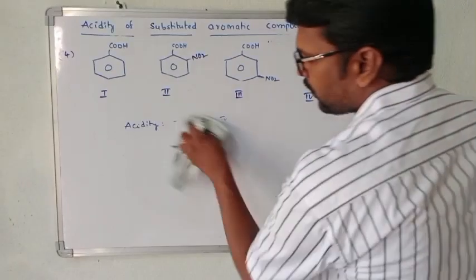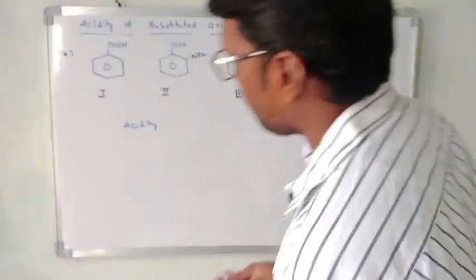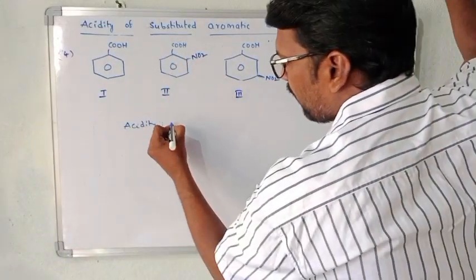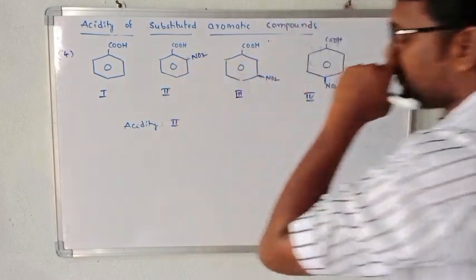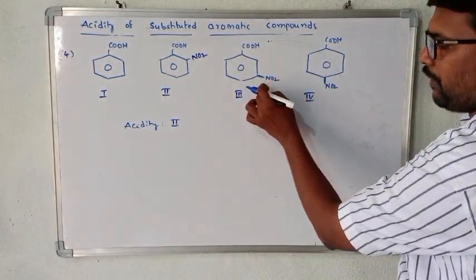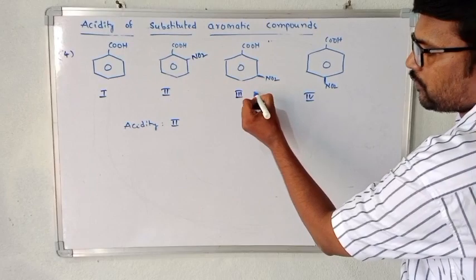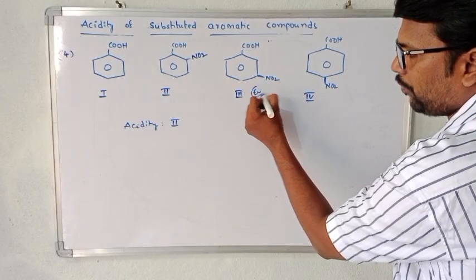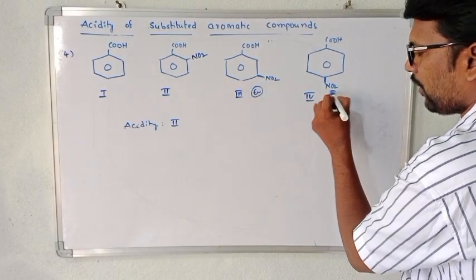Listen, according to the ortho effect, the second one is more acidic. And here it is meta and it is para. Here NO2 is an electron withdrawing group, and here NO2 is also an electron withdrawing group.